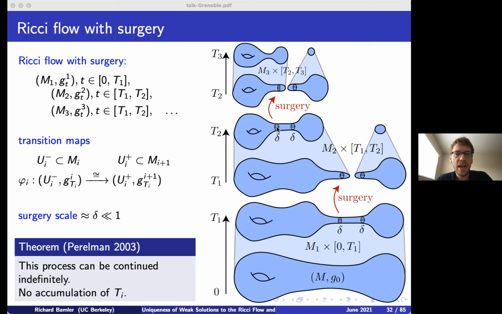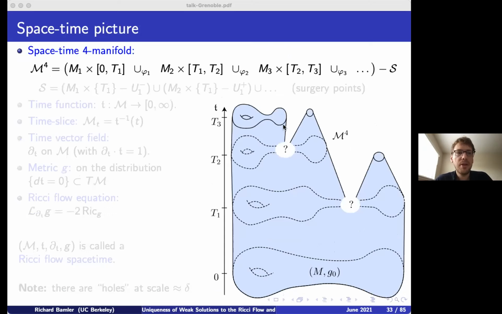So all points that are added or removed in a surgery process within that one time slice, we're going to remove those. Okay, so this is what we're going to end up with. We have these products, and we're going to glue them together, and then we're minusing a set S, and S is just M1 cross T1 minus U1 minus, and then M2 cross T1 minus U plus, and so on for every other time slice, okay?